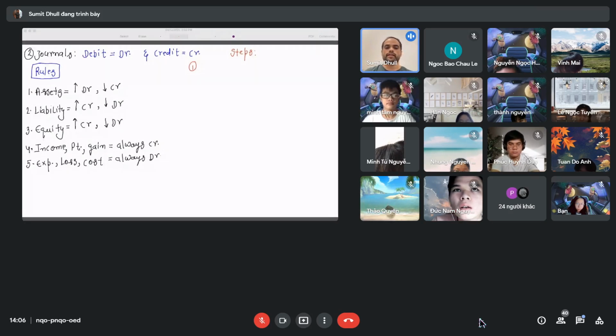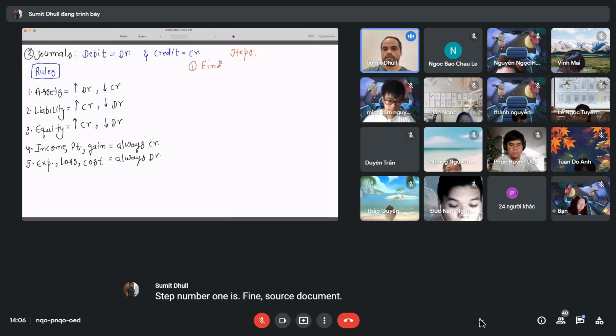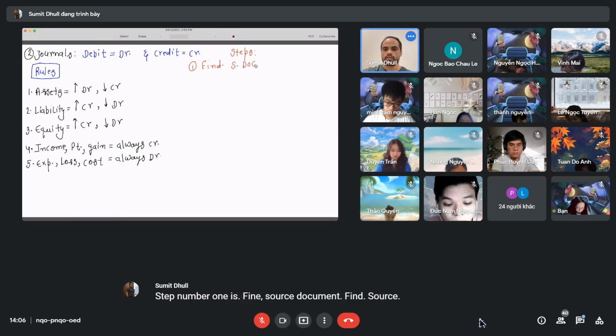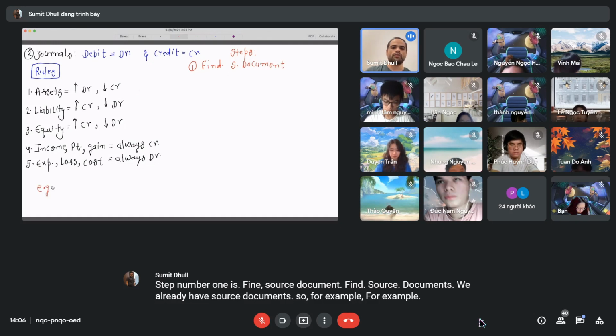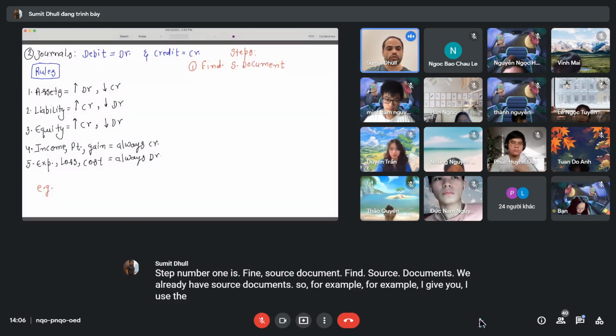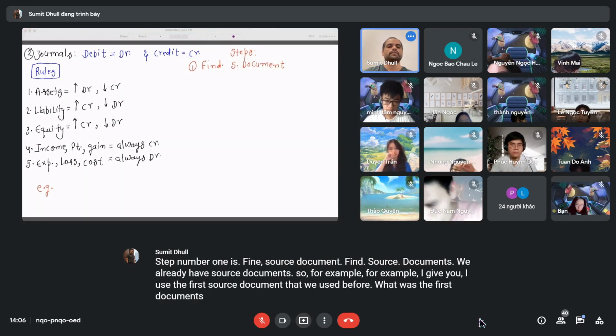Step number 1 is find source documents. We already have source documents. For example, I use the first source document that we used before. What was the first document? Purchase raw material.